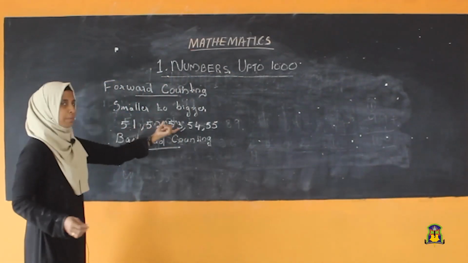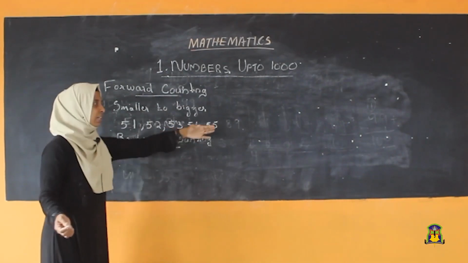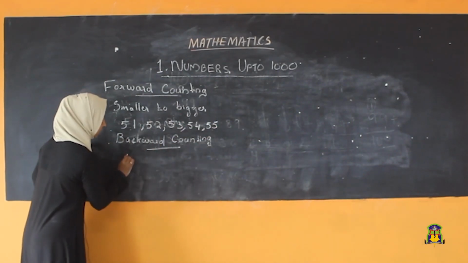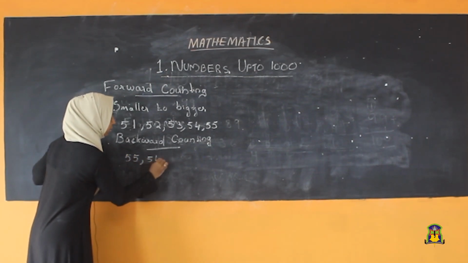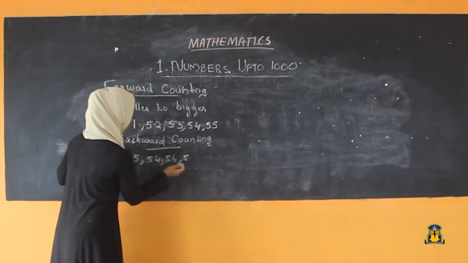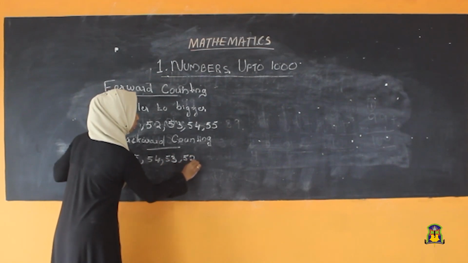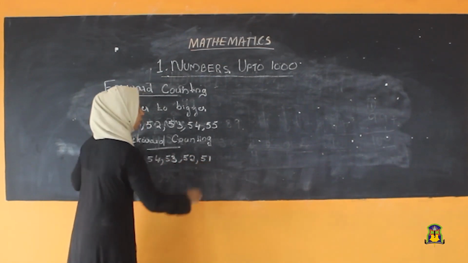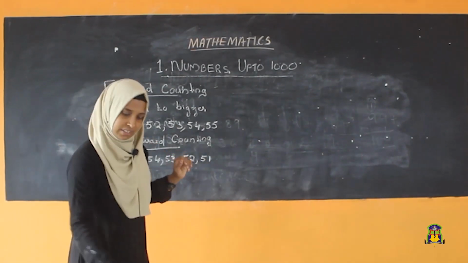Let's see how these numbers can be written from bigger. Which is the bigger number here? 55. So starting from 55, 54, 53, 52 and 51. Last, the smaller number. Okay.